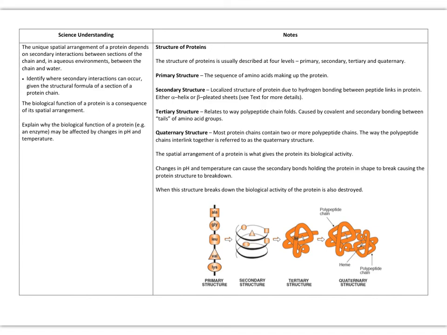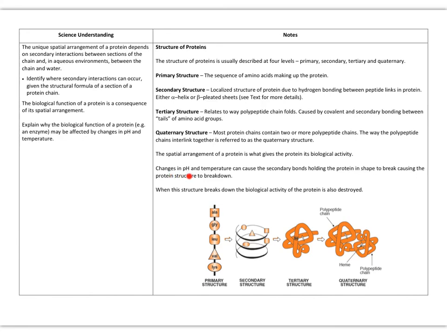Now, the spatial arrangement of a protein is what gives the protein its biological activity. Structure is normally the important thing. For a protein, it's the shape of how it binds to a receptor, or how it pulls apart 2 molecules as it acts as a catalyst, all that sort of stuff.